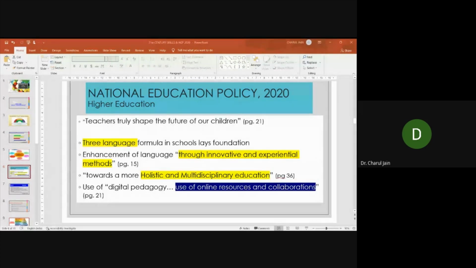And therefore, we can very clearly understand, even in our discipline, literature. When we are talking about literature, we are also talking to them about sociology, because we say literature is a mirror to the society. And when we talk about society, sociology comes in, history comes in, political science comes in.